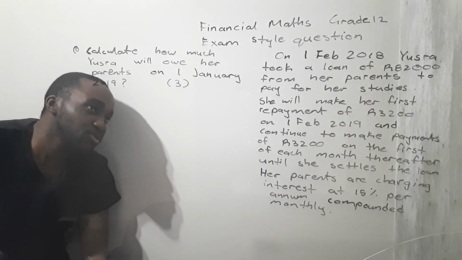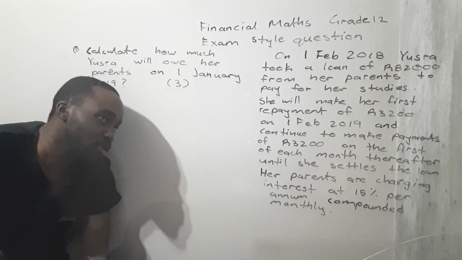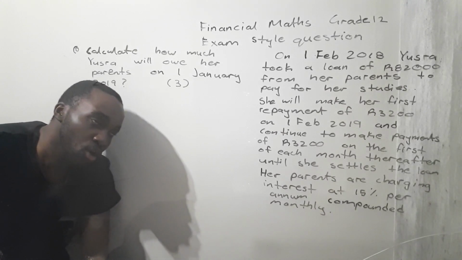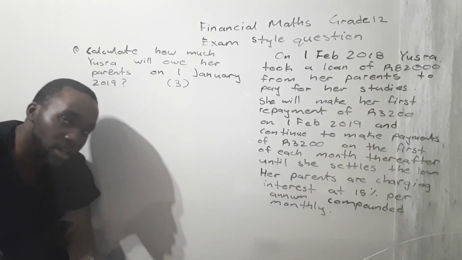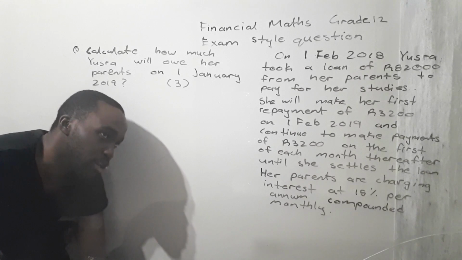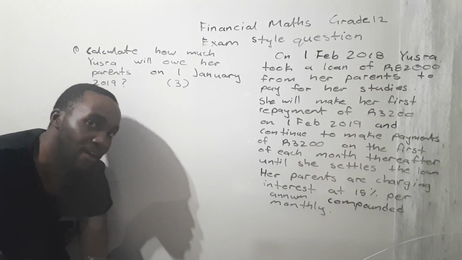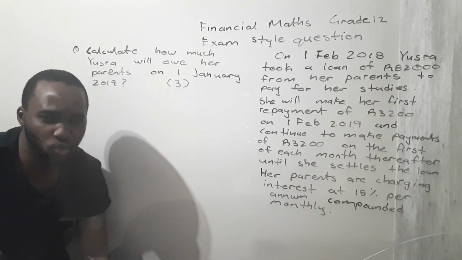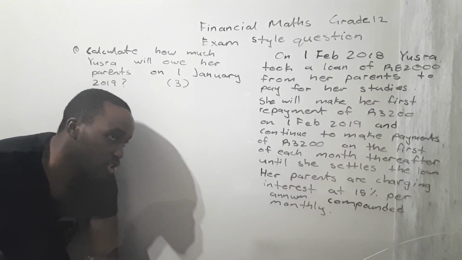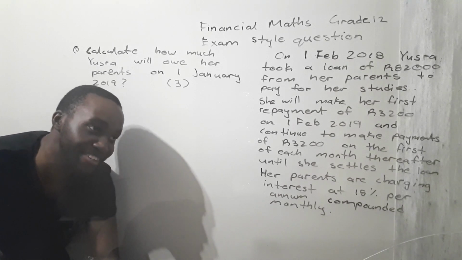So it says here she will make her first repayment of 3,200 on 1 Feb 2019 and continue to make payments of 3,200 on the first of each month thereafter, until she settles the loan. And then it says her parents are charging interest at 15% per annum compounded monthly.